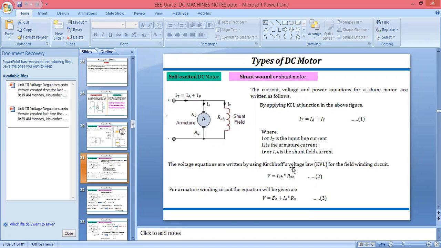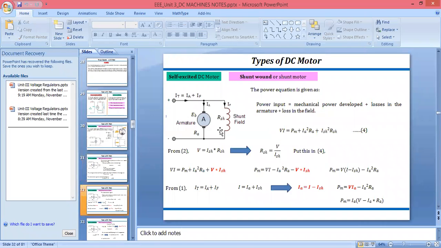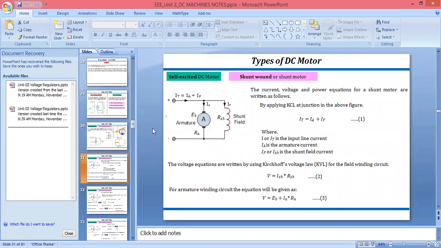Here we have the impedance as RSH. So we can take V equal to ISH into RSH. I am giving numbers because we are supposed to derive the equations for voltage and current for the whole circuit. So according to Ohm's law you get V equal to IR, ISH into RSH.